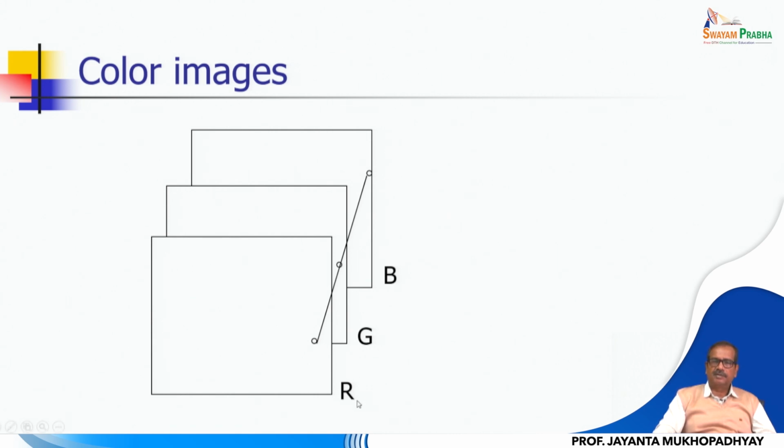One example of primary colors is red, green, and blue. The definition of primary is such that if I use any two of these colors, I cannot produce the third color by superposition or by mixing. Let us use that term mixing. We will understand it better when we discuss color processing.